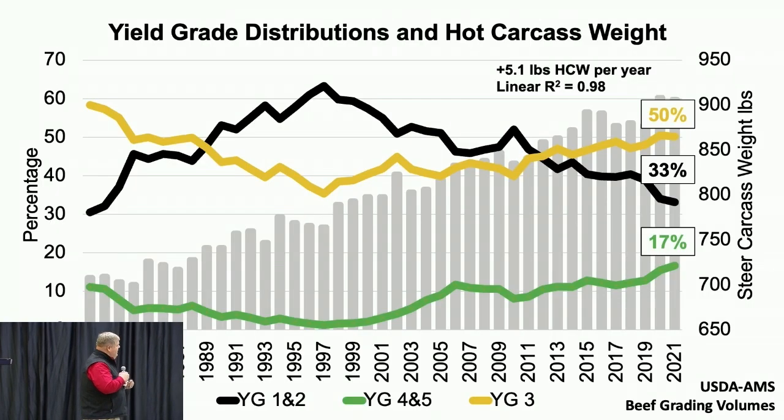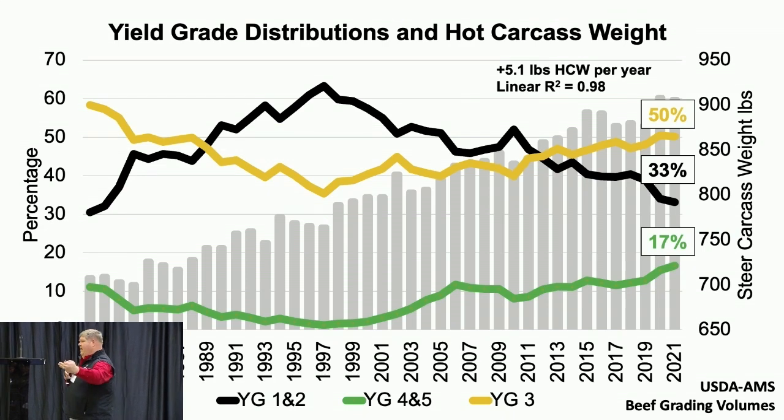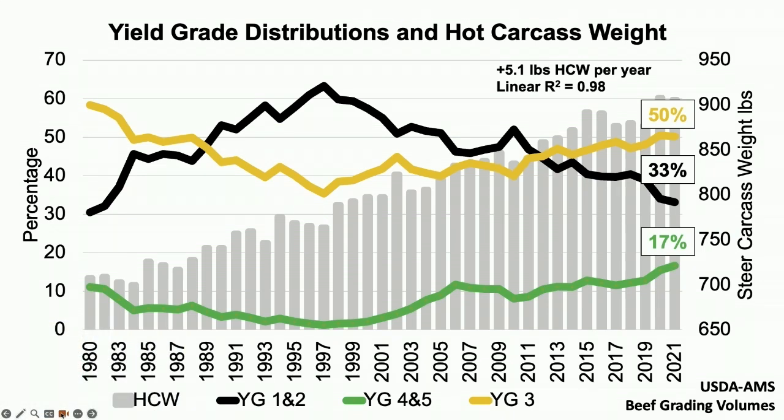Well, here's what I started talking about earlier. We've been misguided and misdirected by economics. We've said to make cattle heavier at all costs. Heavier, heavier, heavier. And in that same discussion, right, we talk about dressing percentage. So when you talk to a feedlot operator about yield, that means dressing percentage. Do you know what the relationship between dressing percentage and red meat yield is? It's inverse, it's opposite.